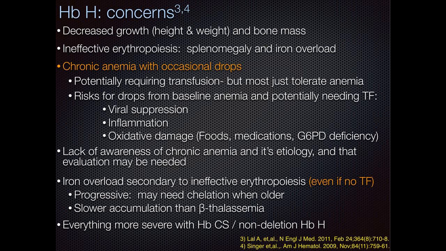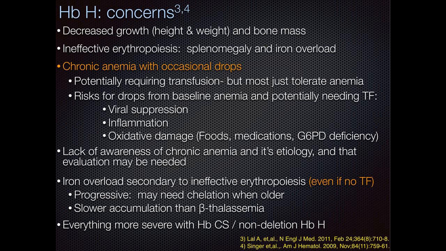Potentially this requires transfusion, but most tolerate the anemia on a daily basis just fine. What are the risks for dropping from this baseline anemia and potentially needing a transfusion? Often viral or other infections can suppress making red blood cells so you can drop. Inflammation or oxidative damage, which can be from some foods, some medications, or concomitant G6PD deficiency.